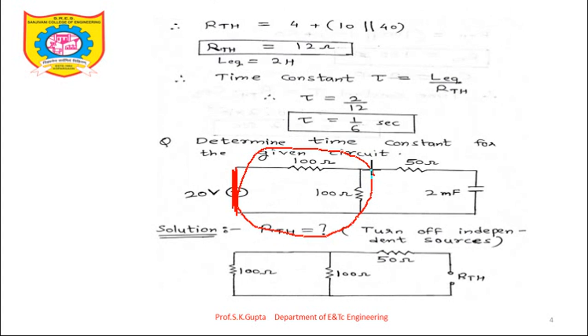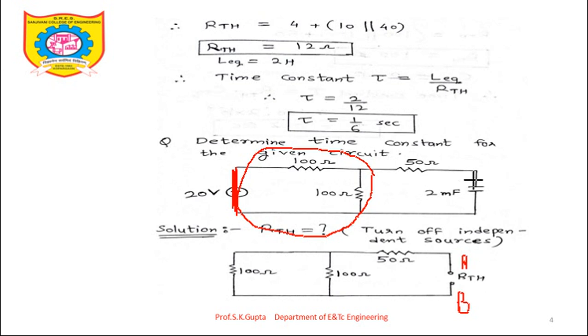This 50 ohm is in series with this 50 ohm. So between point A and B we are able to see a 100 ohm resistor. 50 plus 50 is 100. So RTH value is 100 ohm.